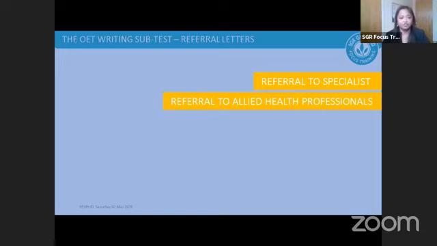Another type of letter that you will be writing is a referral letter to an allied health professional. So this is a type of letter that will be written towards, as I mentioned earlier, maybe a podiatrist, maybe a dietitian.